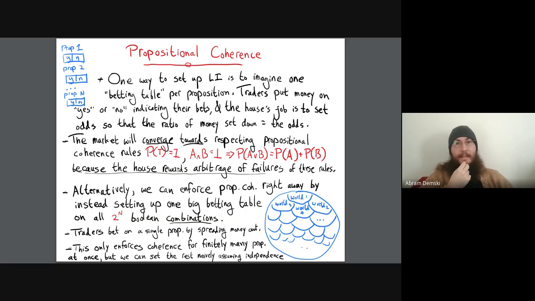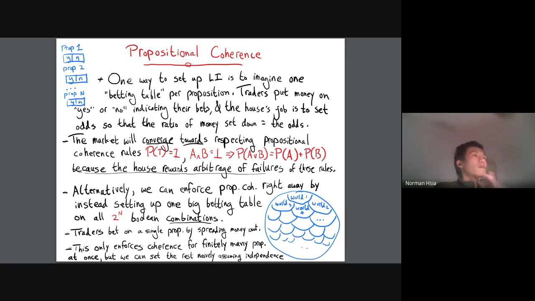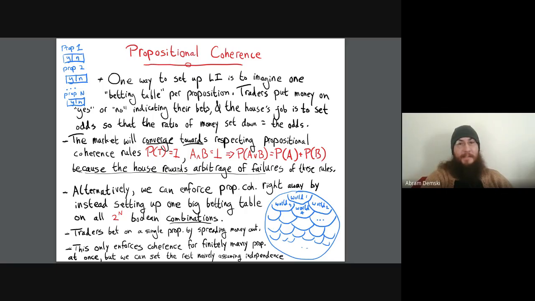When we computationally specify what kind of object the traders are, we have to spell out how they're making bets. But checking whether they're betting on a propositionally coherent world is something we can do in, well, exponential time, but it's computable.